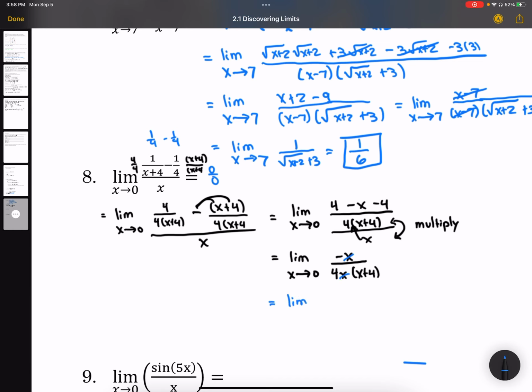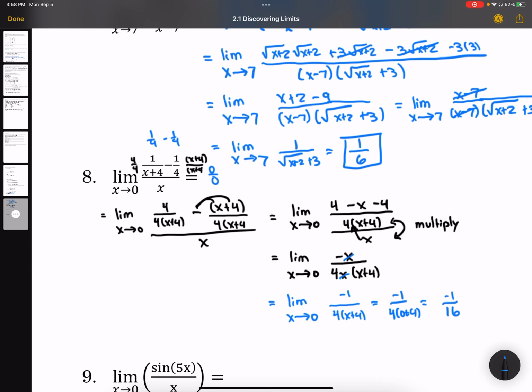So we get the limit as x approaches 0 of -1 divided by 4 times x plus 4. And so now we can substitute in 0 without dividing by 0. We're not getting that indeterminate form. So we get -1 divided by 4 times 0 plus 4, which is -1 over 16.